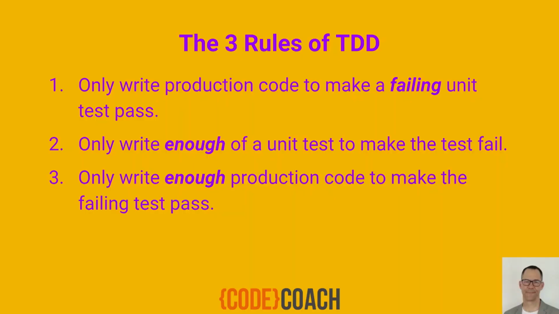Alright, let's have a look at the next rule. Only write enough of a unit test to make the test fail. What does rule number 2 say? It states that we must keep our unit test code to a minimum. So we don't write a huge unit test where 5 different things are failing.